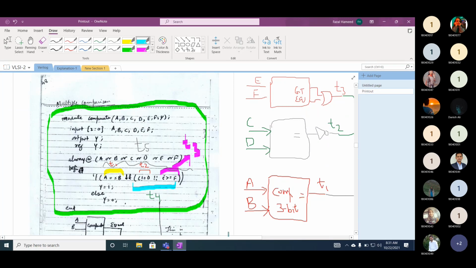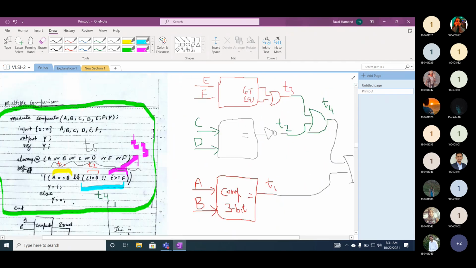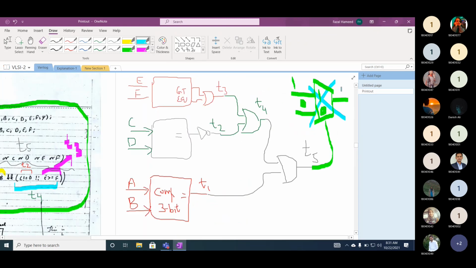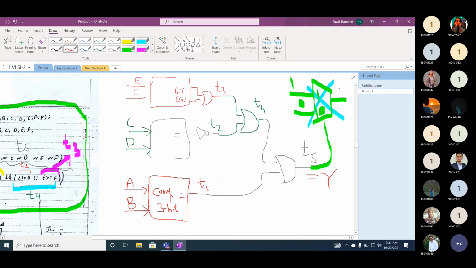Now, if you look here, even if you have this multiplexer and the output is y, so now actually we can say this T5 is equal to y. So these two, let's say y is here and T5 is here, both will give us the same output.